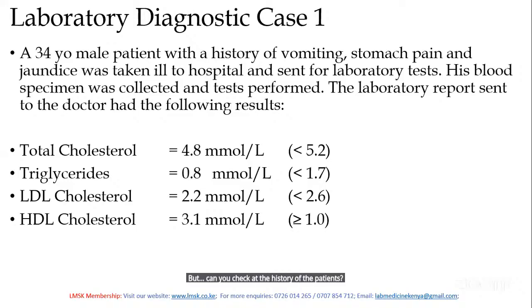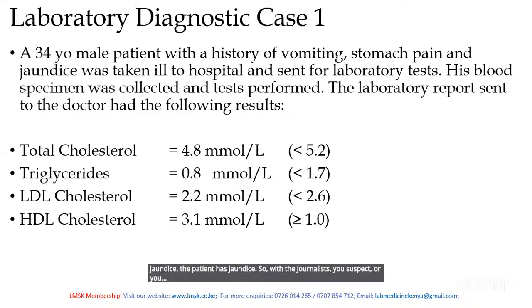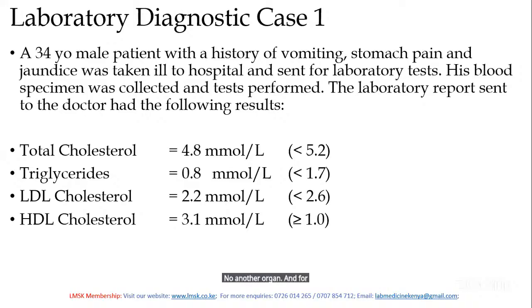The history of the patient is vomiting, stomach pain, and jaundice. The patient has jaundice. So with the jaundice, you suspect the liver, no any other organ. And for the liver, you expect to do liver function tests.